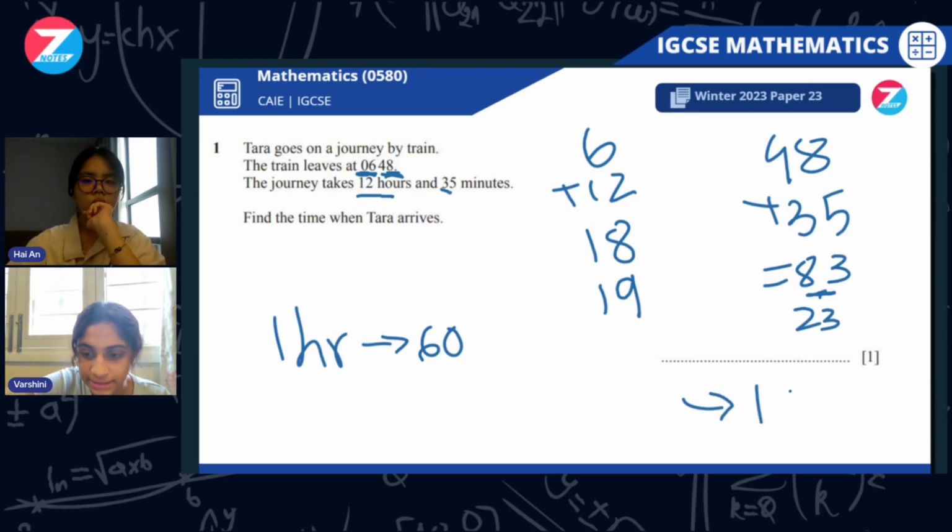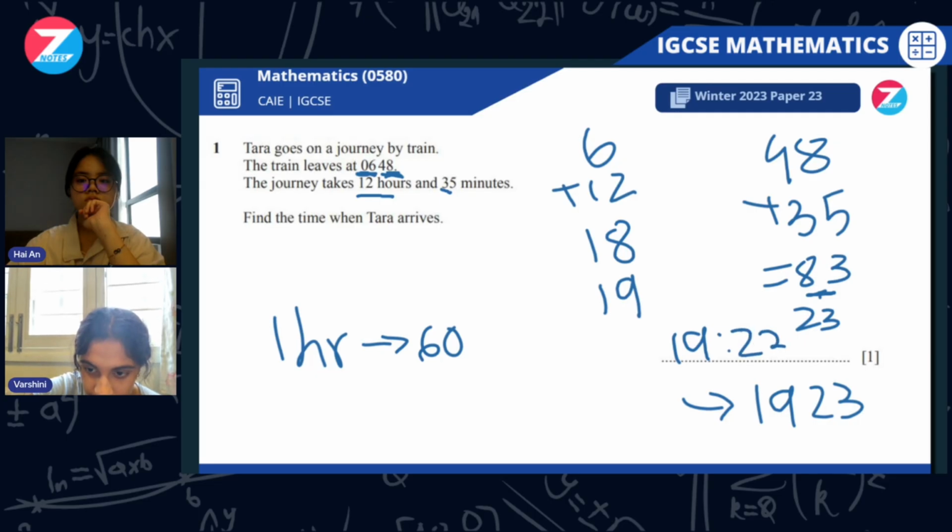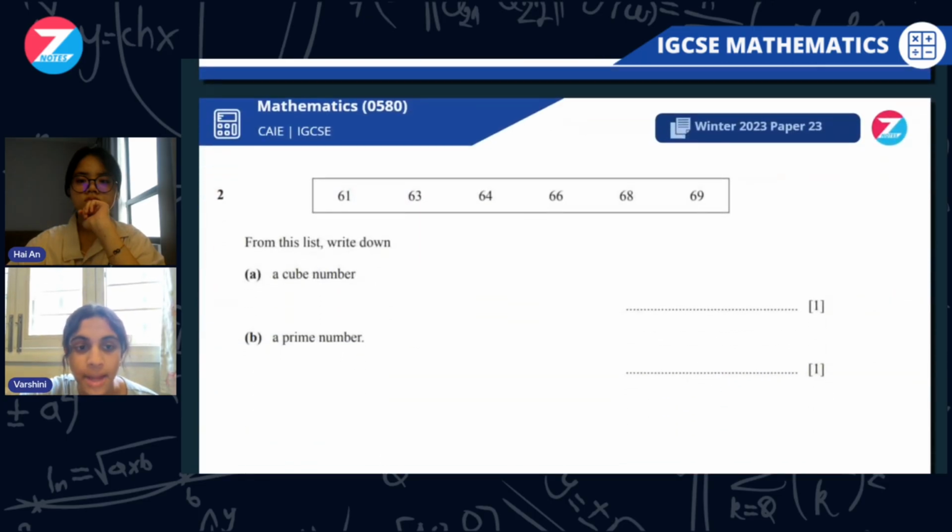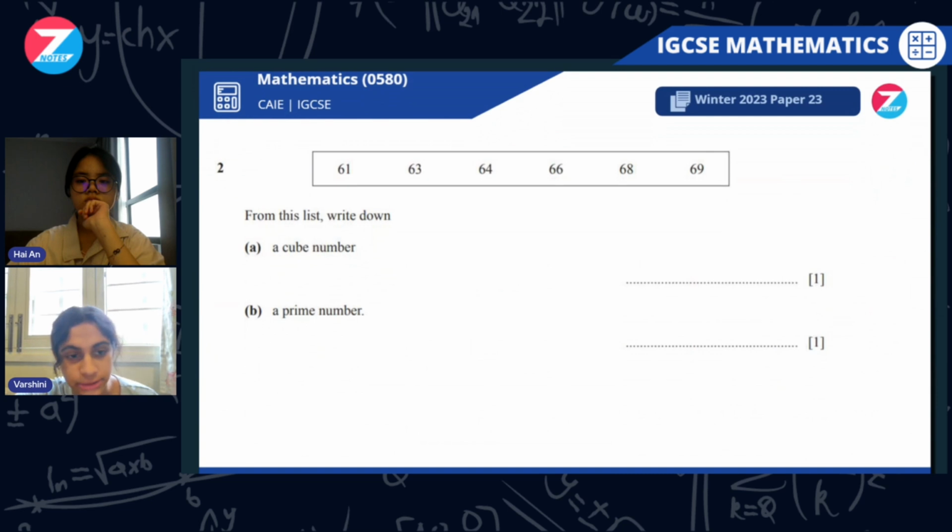So that gives us 19:23. Or you could also write 7:23 p.m. because 19 minus 12 is 7. But just to be safe, we can write 19:23.